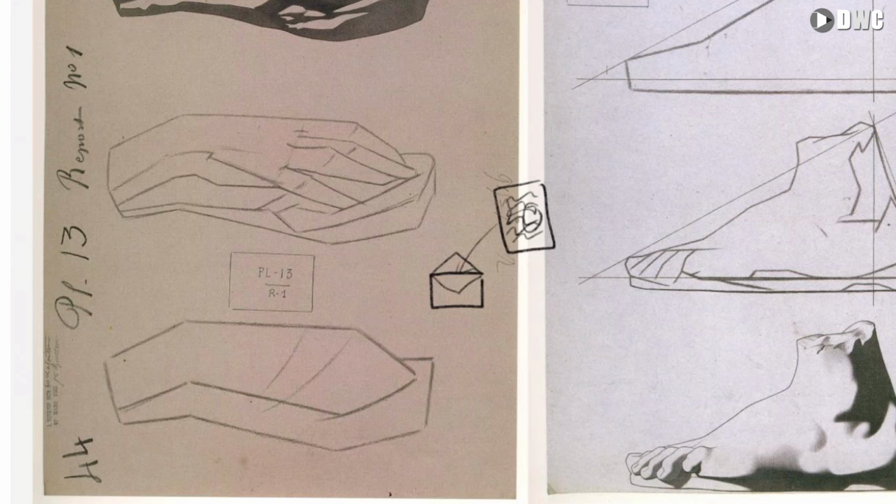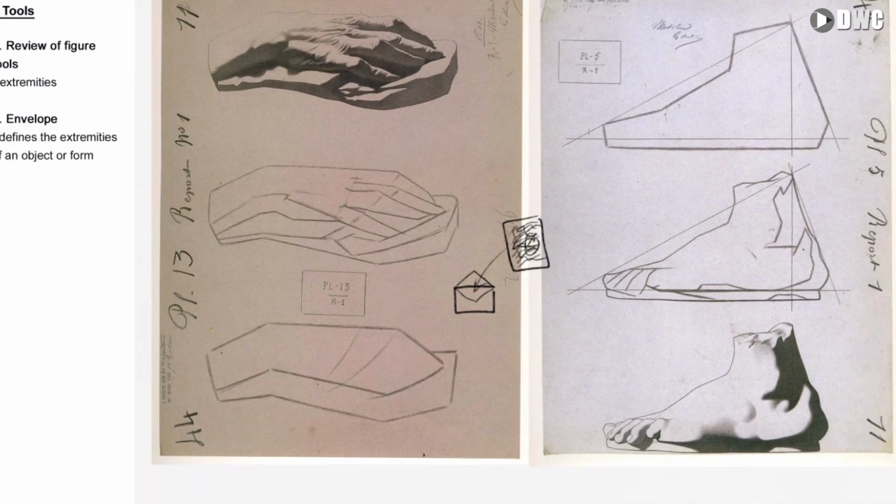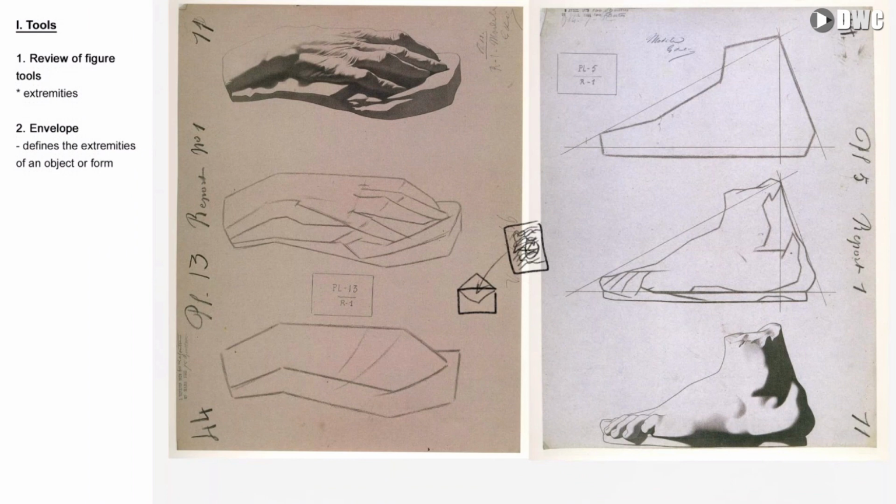Writing, maybe a drawing. Maybe you can do a hyper realistic Bargue drawing and put it in an envelope, send it to your friend or a gallery or something like that. So anyway, envelope is a simplified shape that defines the extremities or the boundaries of any object or form.